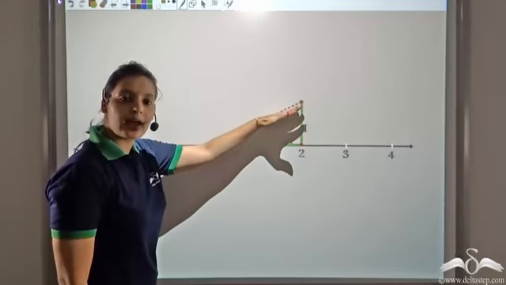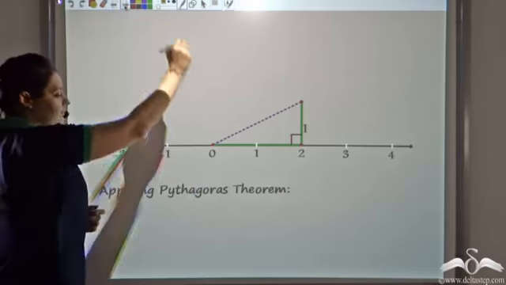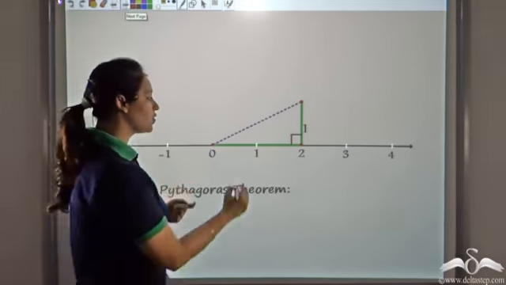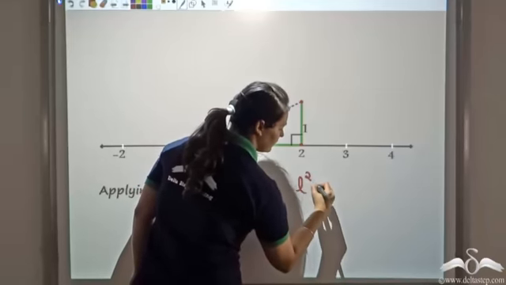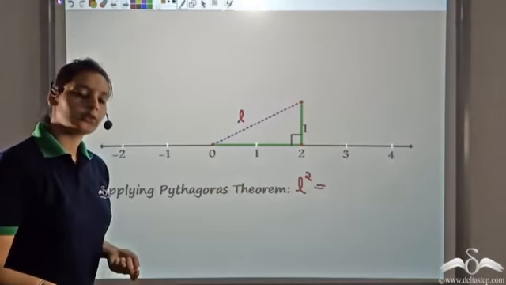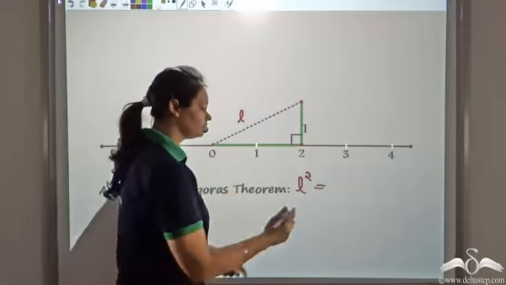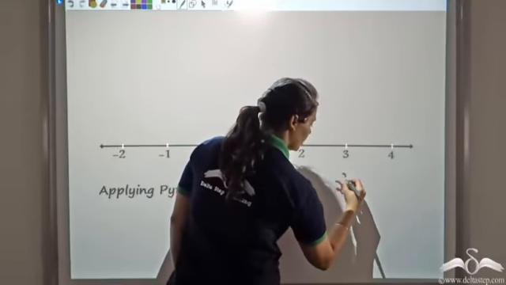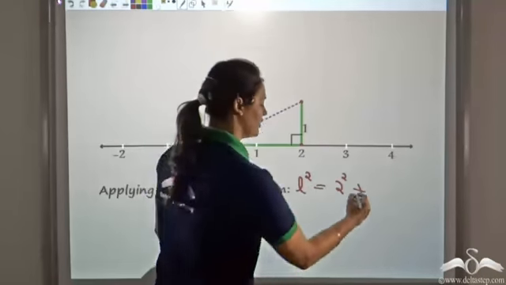And I can find the hypotenuse applying the Pythagoras theorem in a right angle triangle. So applying Pythagoras theorem, if this is L, I can say that L square, hypotenuse square, would be sum of squares of the other two sides. This side is of length 2, 1 plus 1. So 2 square plus this side is 1, 1 square.